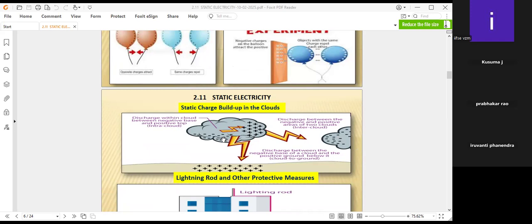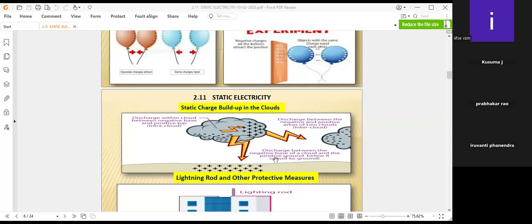Negative is attracted towards the positive. If the negative is attracted to the positive of one cloud, then the positive is attracted on the ground itself.